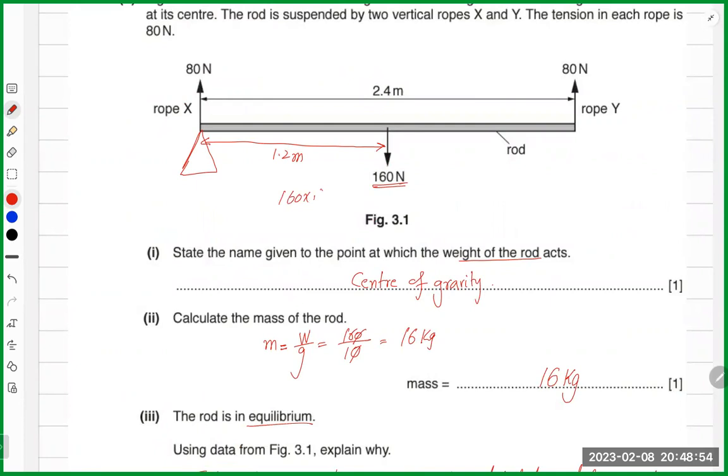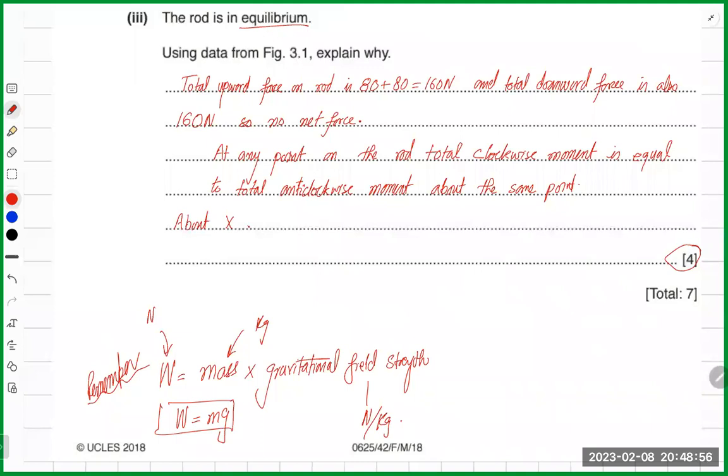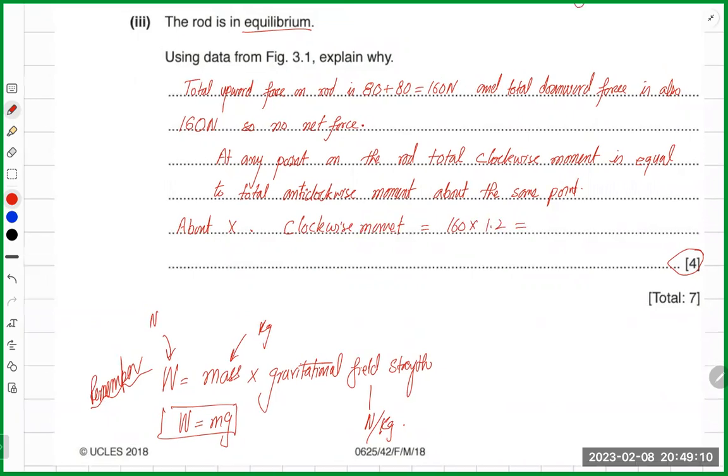If I consider X as a pivot, clockwise moment equals 160 multiplied by 1.2, 192 Newton meter. Anti-clockwise turning effect: 80 multiplied by 2.4. So that is also 192 Newton meter.